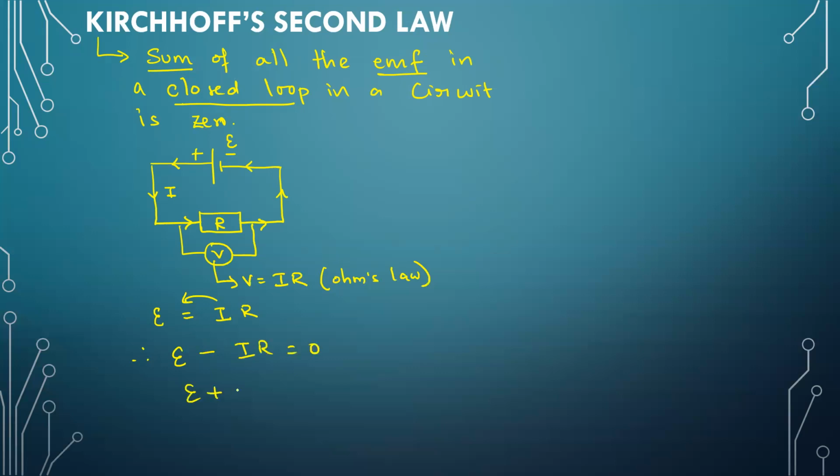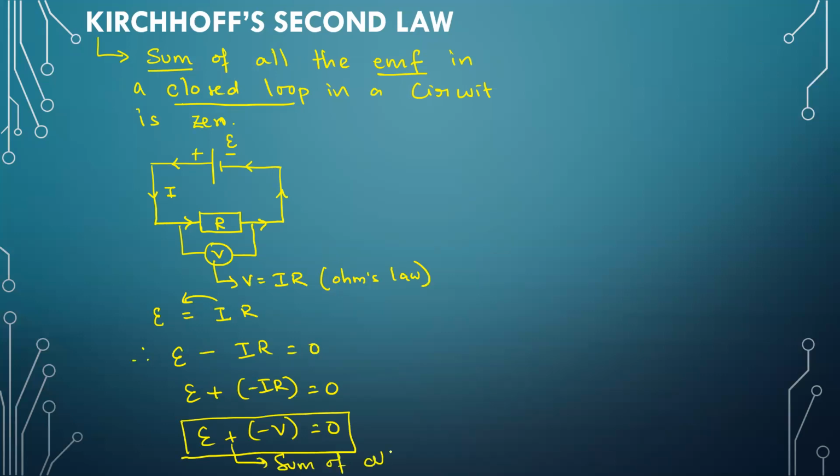I can again use a little mathematics here to support me. This is nothing but, as if, E minus V equal to 0. So sum of, again, you see the plus symbol, so it means sum of all EMF, the voltage, technically.